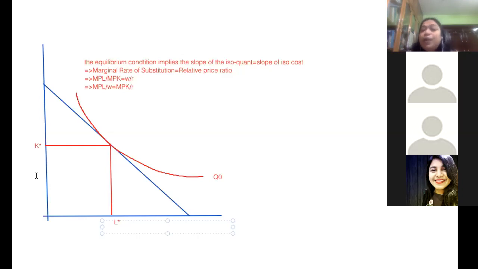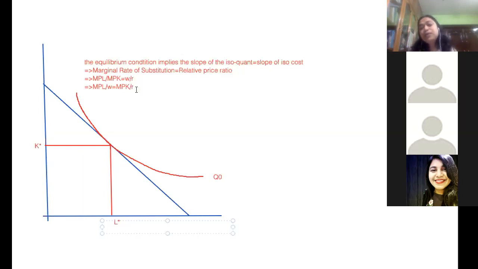So how would the firm choose? The firm has to decide, okay, I want to produce a certain level of output, and I want to produce that output at the lowest possible cost. And the combination of labor and capital that gives me the lowest possible cost, given that I face the wage rate and the rental rate of capital, right? This is given to me. I have no control over the wage rate or the rental rate of capital.